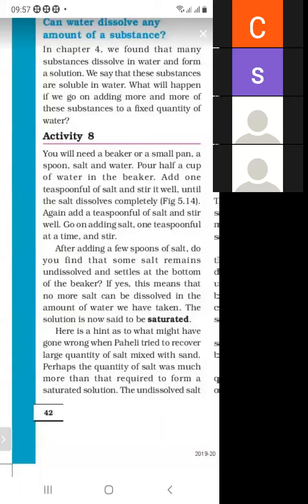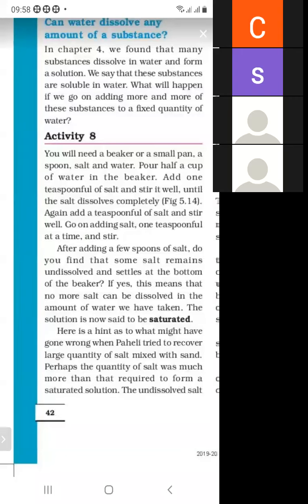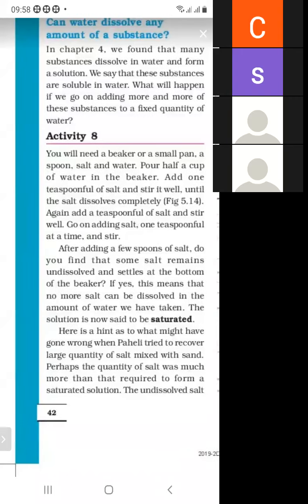Stir until the salt dissolves completely, then again add a teaspoonful of salt and stir well, and go on adding salt 1 teaspoonful at a time, stirring. So what is activity 8? You will need a beaker or a small pan, a spoon, salt, and water.